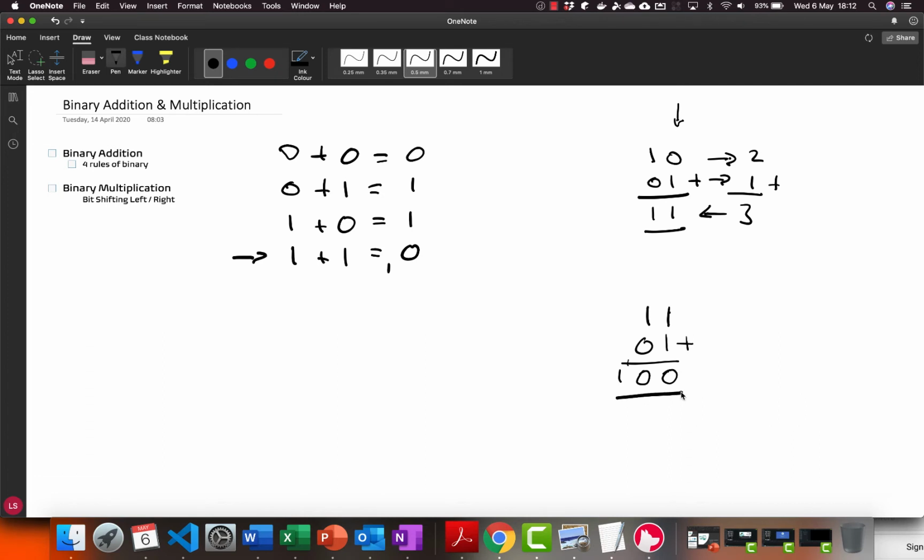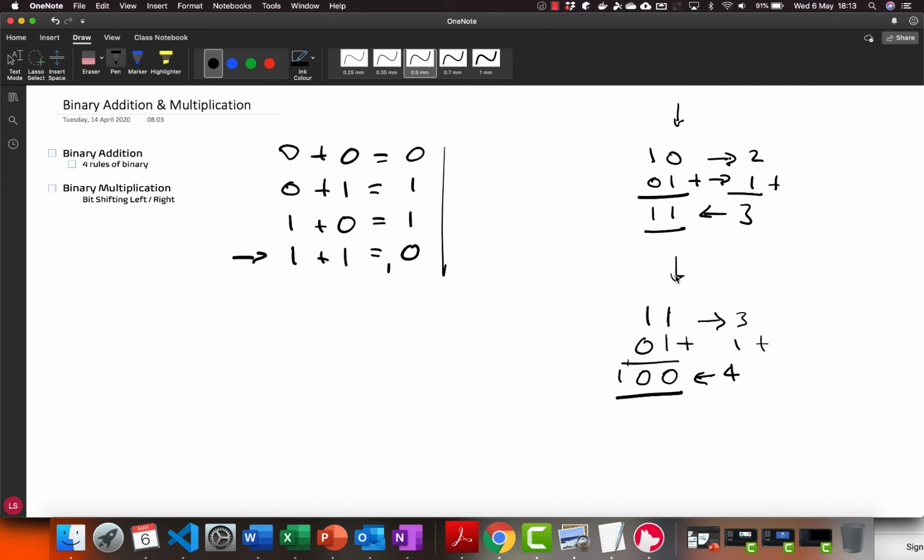We can convert that to decimal to check it. 1 1 is 3 in decimal. 1 is obviously 1. 3 plus 1 is 4. That's 4 in binary. So you can see that all we're doing is taking these four rules, starting on the right-hand side, and then just following each rule in turn.